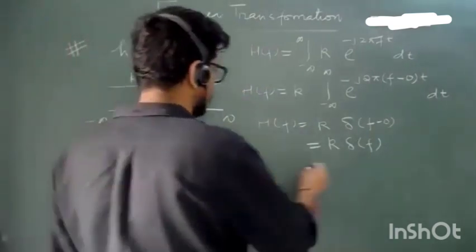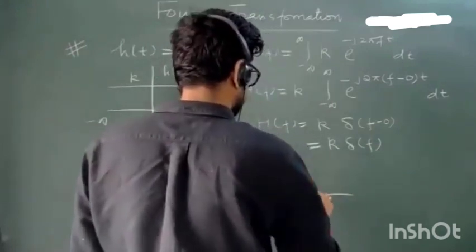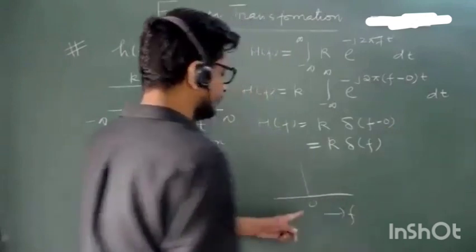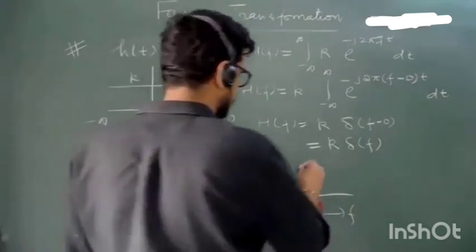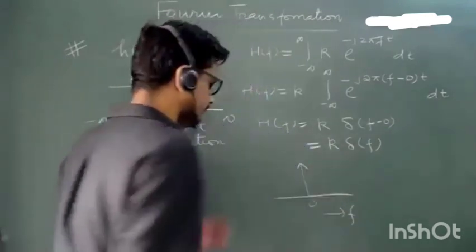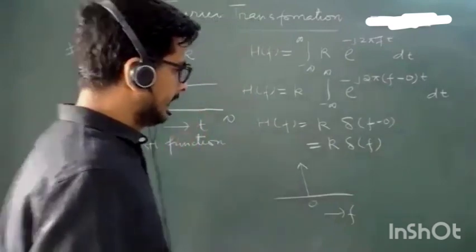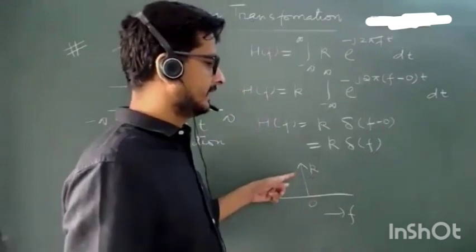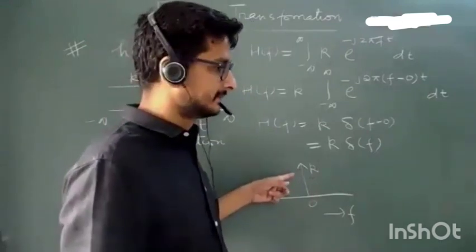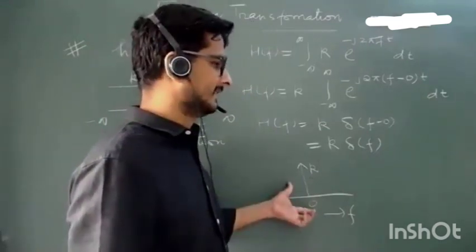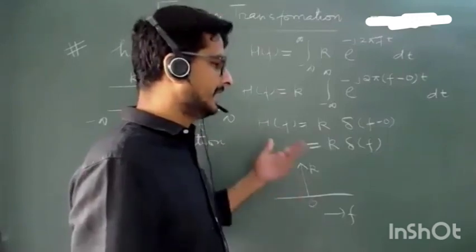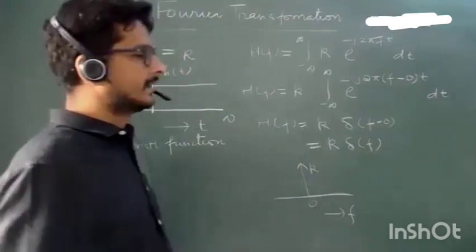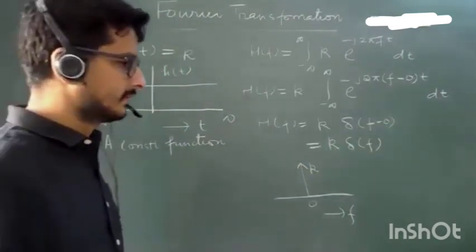So we will plot this also. The location of the delta function is at the origin. This is the delta function, and we write k here. The meaning is not that its height is k, but that its area is k. Remember? Earlier, what was the area under the Dirac delta function? 1.